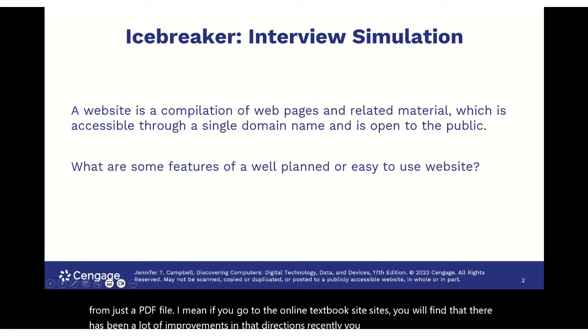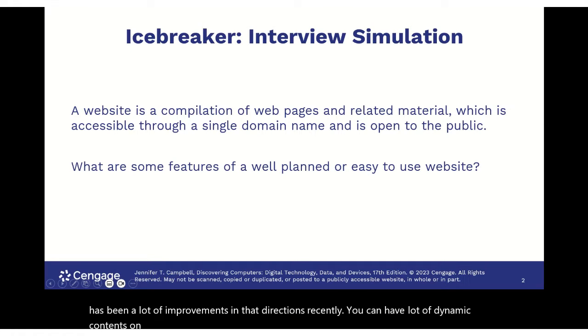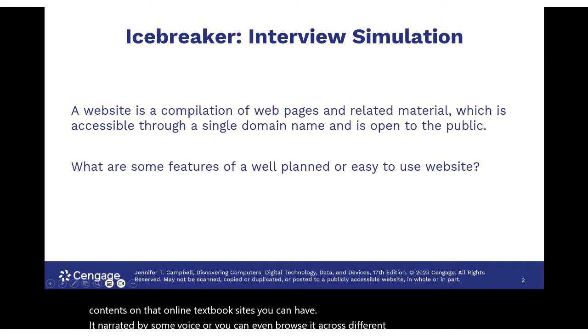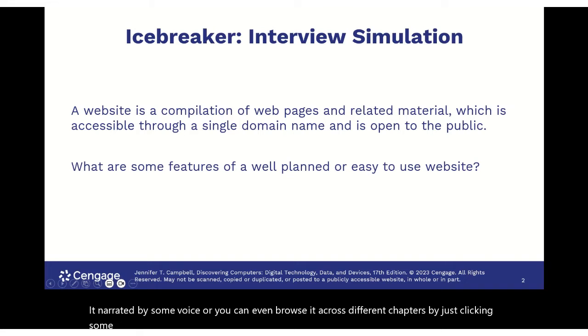You can have a lot of dynamic content on those sites. You can have it narrated by some voice, or you can even browse across different chapters by just clicking some URL. So there has been a revolution in the web.